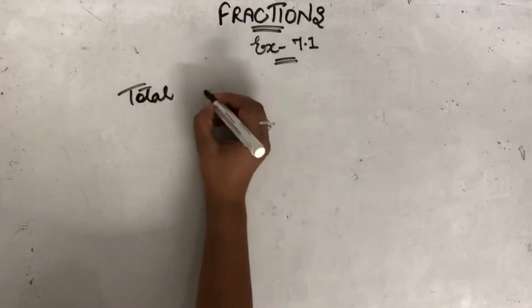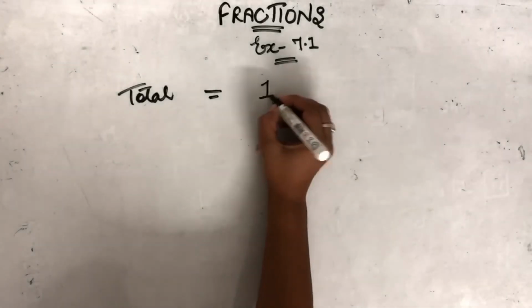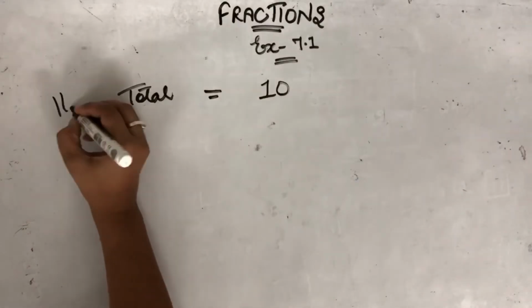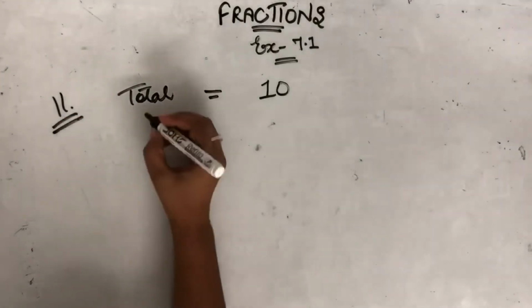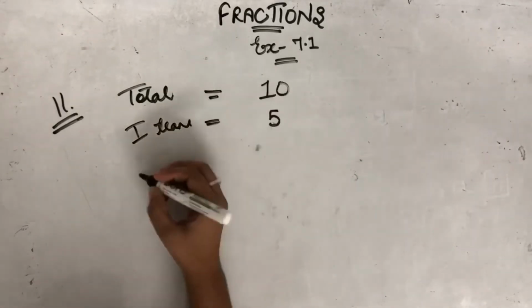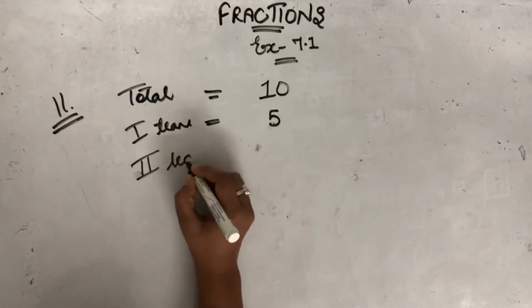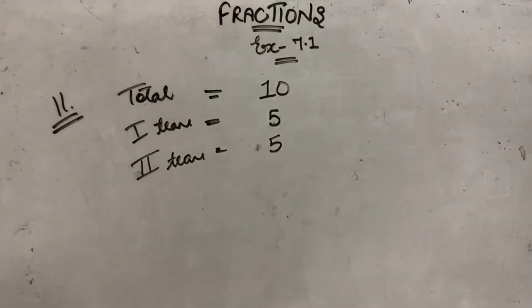So how many total boys are there? 1, 2, 3, 4, 5, 6, 7, 8, 9, 10. So total number of boys are 10. So how many boys are there in the first team? 5. So remaining boys will be in the second team. So 10 minus 5 will be 5.